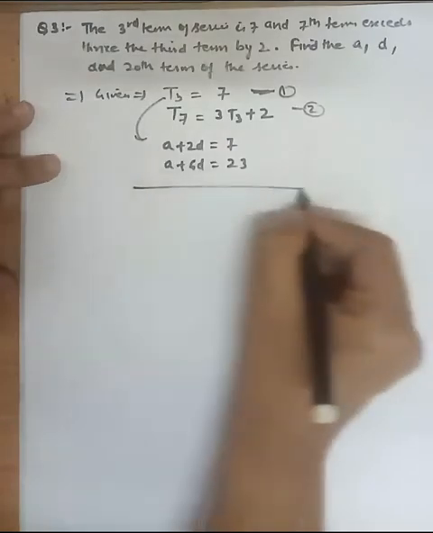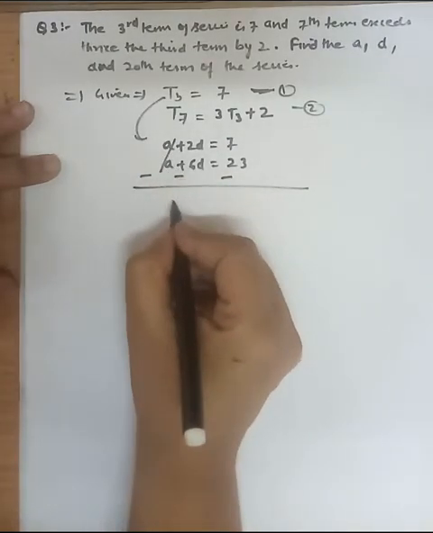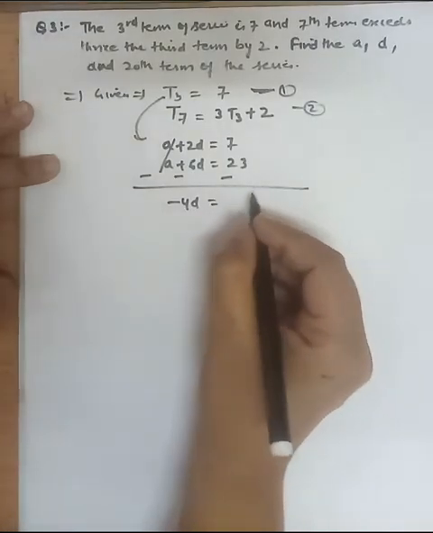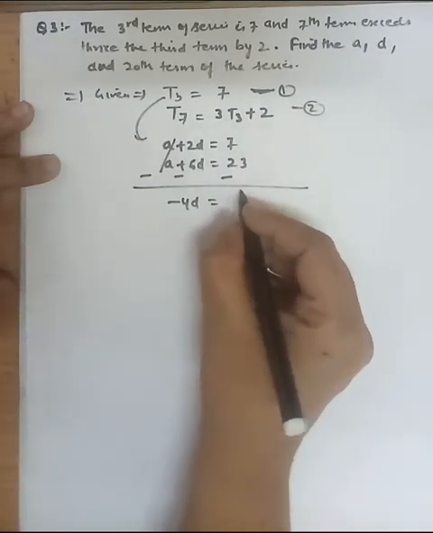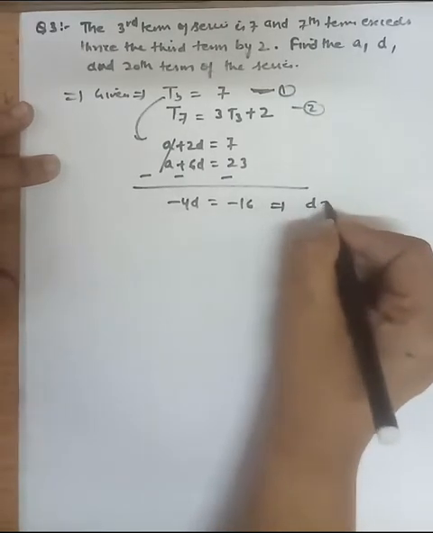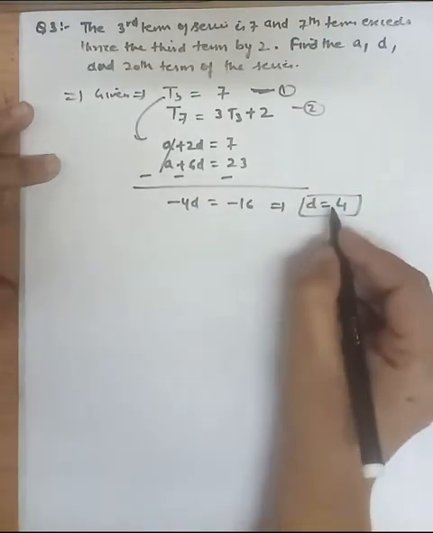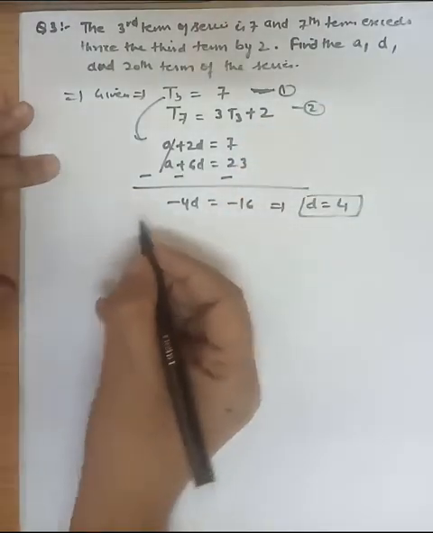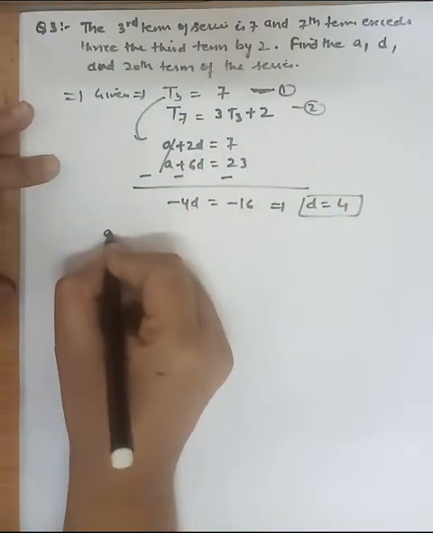Now solve. Take the subtraction. So minus 4D equals 7 minus 23, which is minus 16. So D equals 4. Now put the value in equation 1.